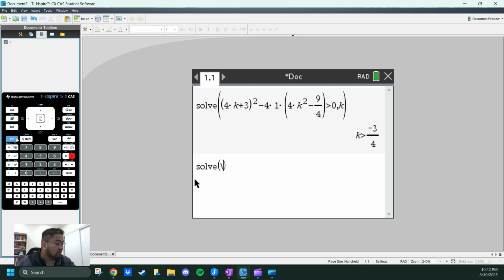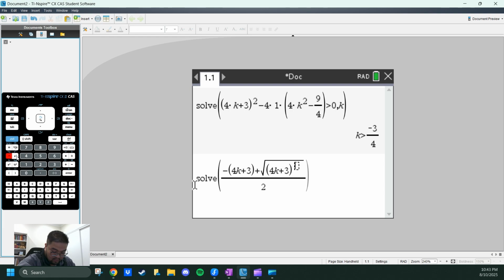And we're going to type that in. So 4k plus 3, and I'm just going to do plus first. Now you'll see why I'm going to do plus. 4k plus 3 squared minus 4 times 4k squared minus 9 over 4.